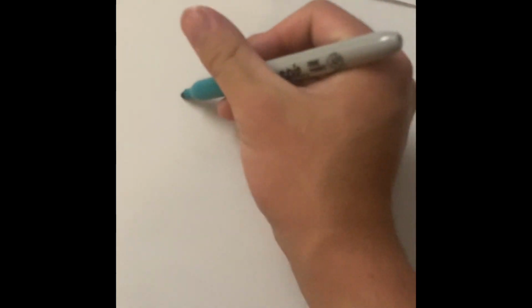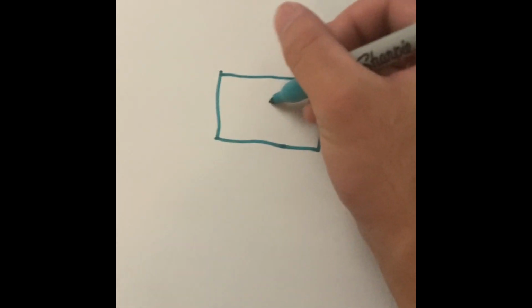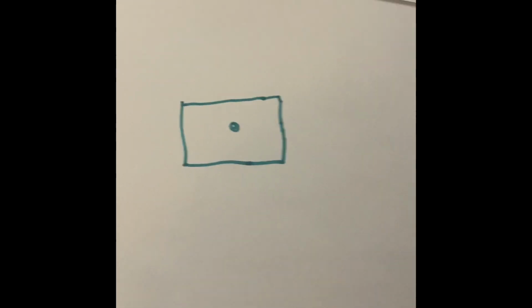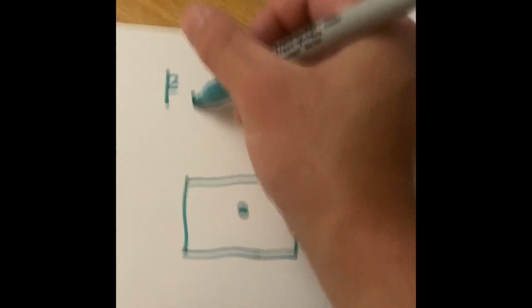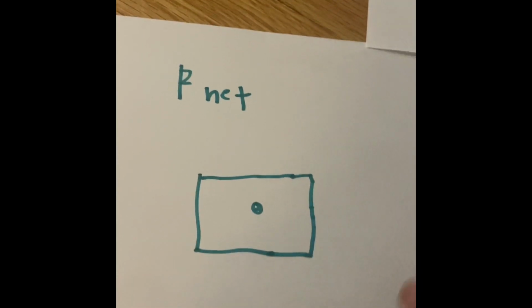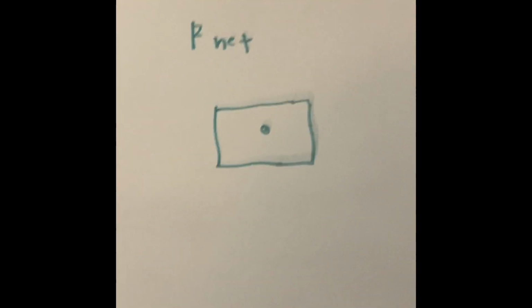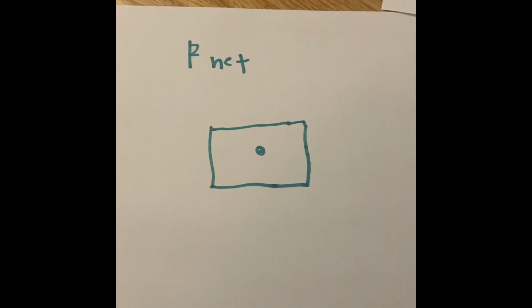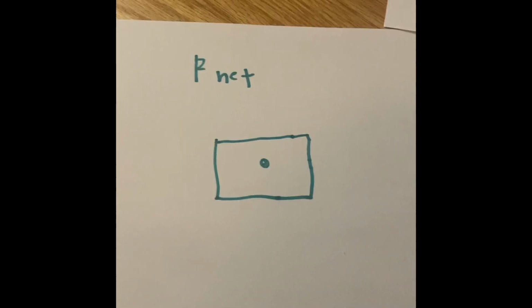What we have to do is a simpler diagram. We will have that box, but we are only going to show the net force. What is the net force? To summarize everything we just said, where is the force going to go?